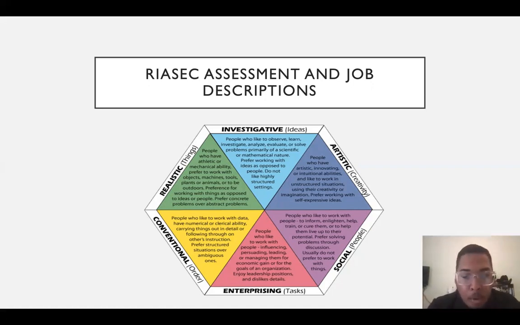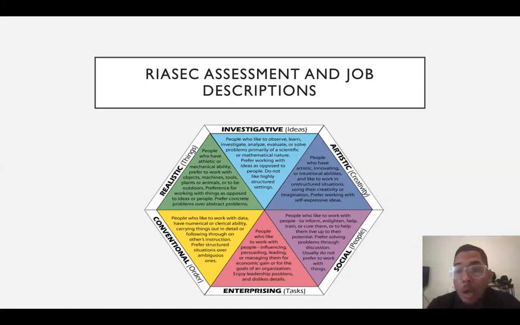On the PowerPoint, we have a visual aid that Eve found online. And I'm just going to be reading off some of the values, potential competencies, and typical work activities and environments that are in table 7.1 in our textbook.